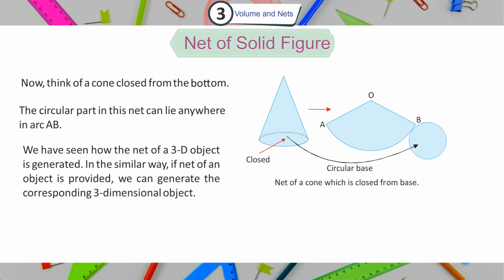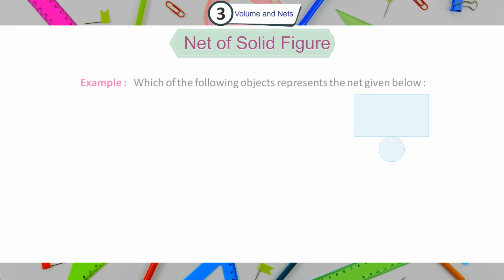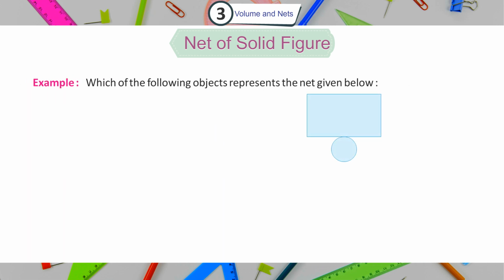We have seen how the net of a 3D object is generated. In a similar way, if the net of an object is provided, we can generate the corresponding three-dimensional object. Example: which of the following objects represents the net given below? A. Measuring jar. B. Football.